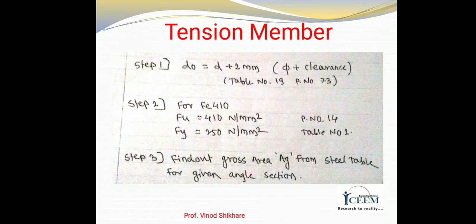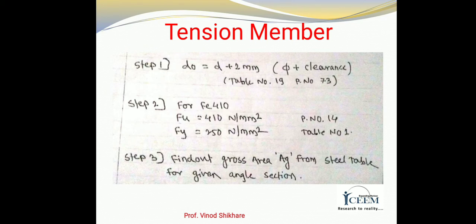Then step number 2: for Fe 410, the value of ultimate strength, that is Fu, is equal to 410 Newton per millimeter square, and Fy, the characteristic tensile strength of steel, is 250 Newton per millimeter square.